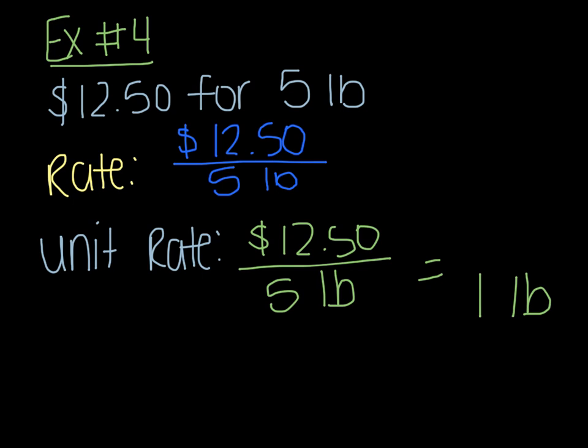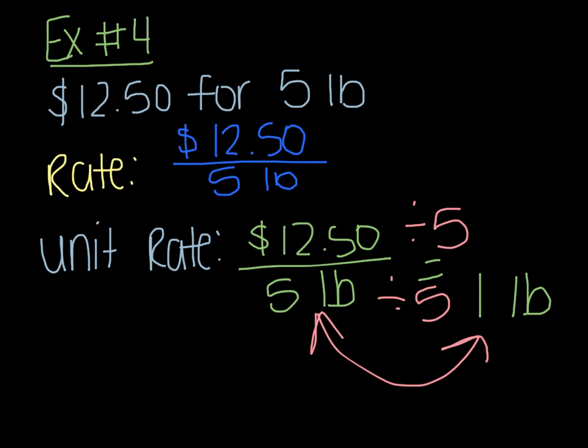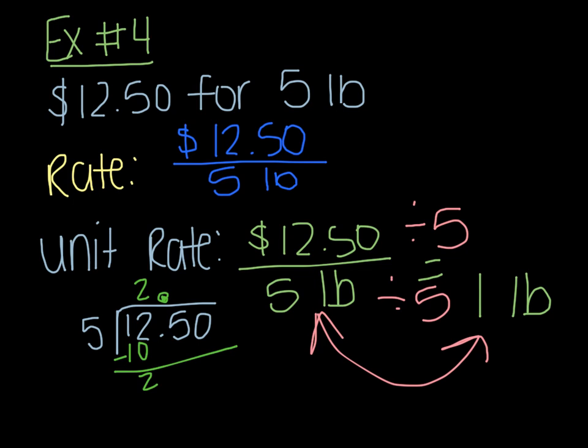So to go from 5 pounds to 1 pound, we will be dividing by 5. So we have to divide the numerator by 5. $12.50 divided by 5. So let's do that here. You have to bring that decimal straight up. 5 goes into 12 2 times, which is 10 with 2 left over.